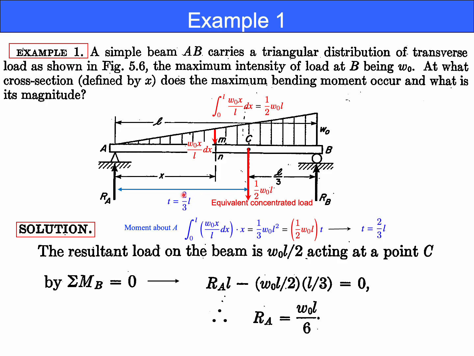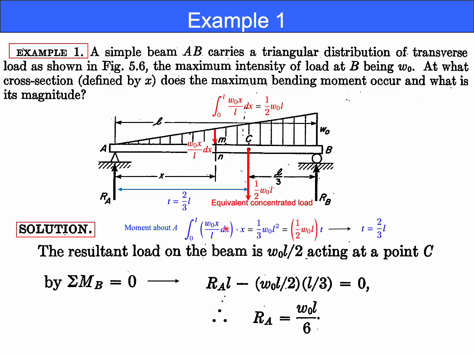Let's calculate this distance first. The distance is assumed to be t, as you see in this figure. In order to do that, you have to calculate the moment by this distributed force first.